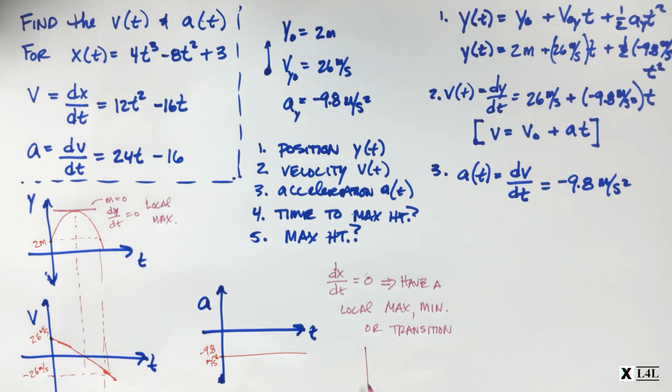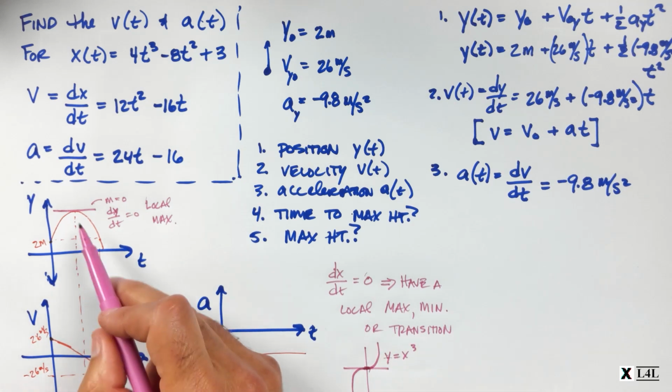So if we look at the function y equals x cubed, we're going to get something that looks like this. In which case, at 0, you're going to have a derivative of 0, but that's going to be a transition.